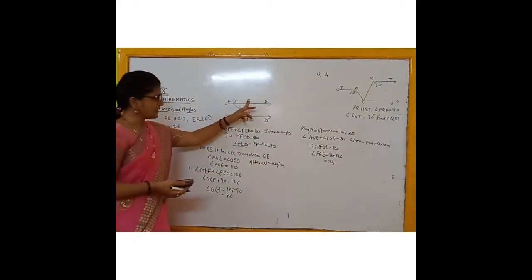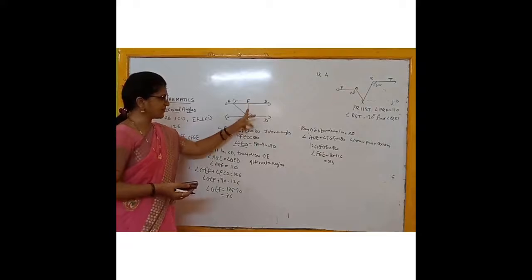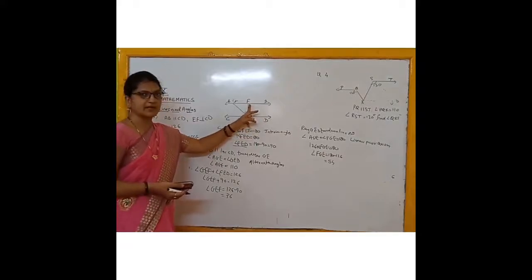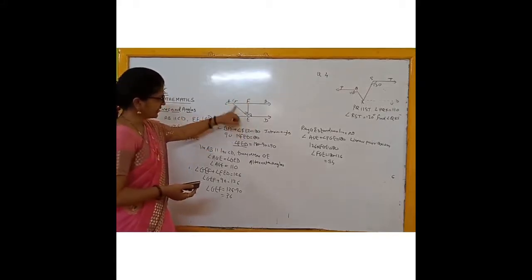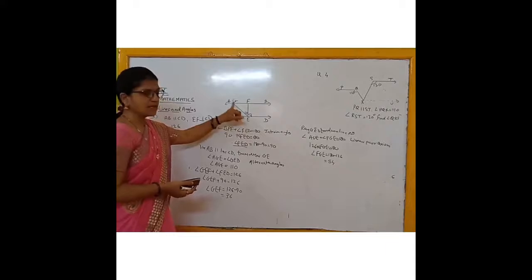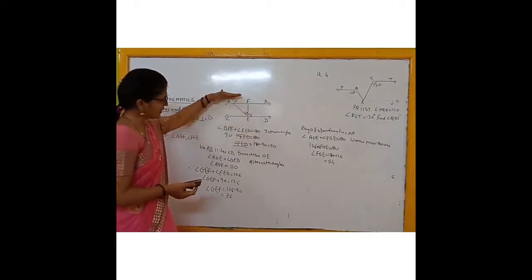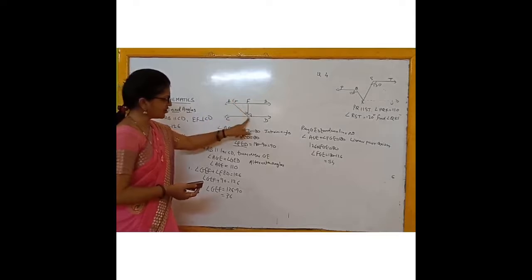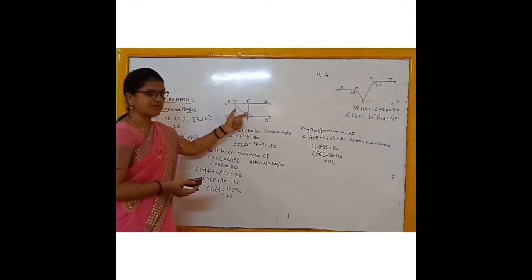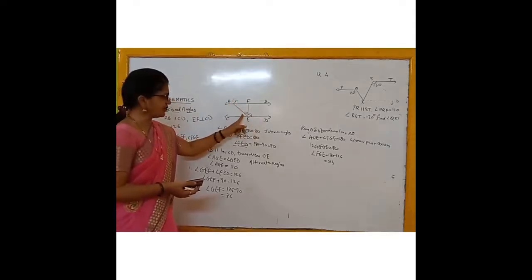Once again, this is perpendicular, therefore measure of this angle is 90. Obviously, this is 90. Now this ray GE is the transversal for these two parallel lines AB and CD. So angle AGE is congruent to angle GED. So angle GED is 126 and therefore angle AGE is 126.